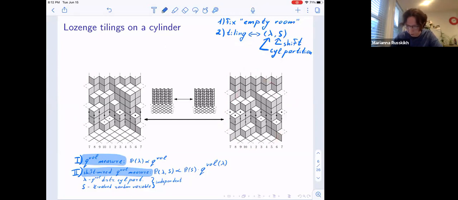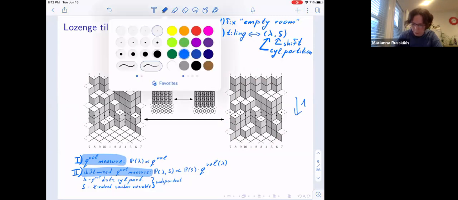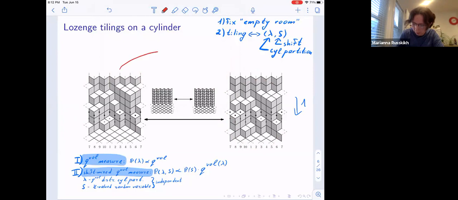Note that these two configurations cannot be obtained one from another by adding or removing unit cubes.